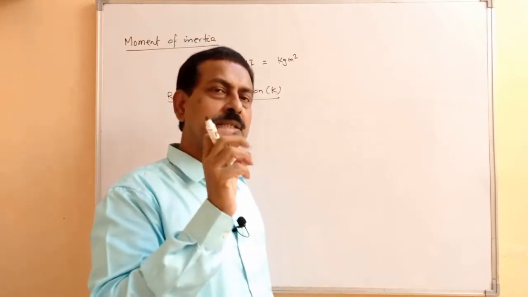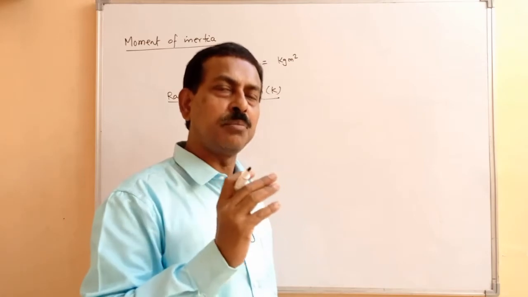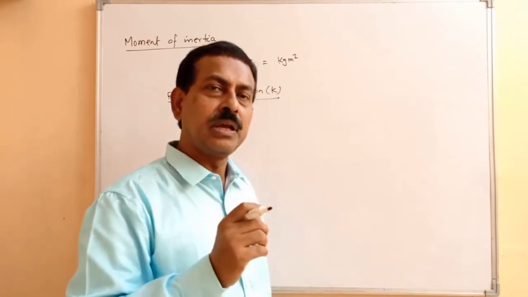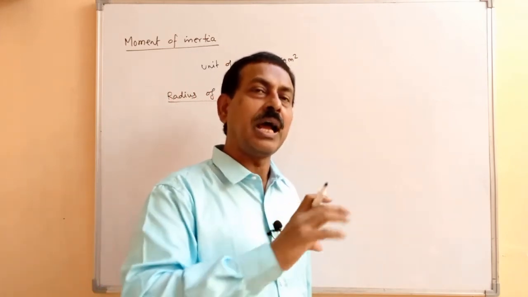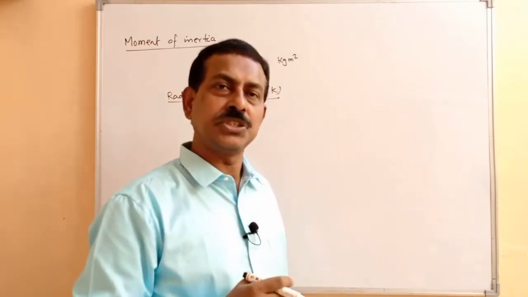This is basically the distance from the axis of rotation where the whole mass of a body should be kept as a concentrated point mass so that it has the same value of moment of inertia as that of the extended body about the same axis of rotation.